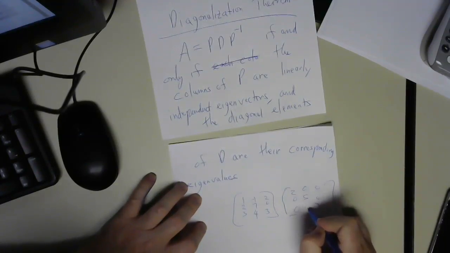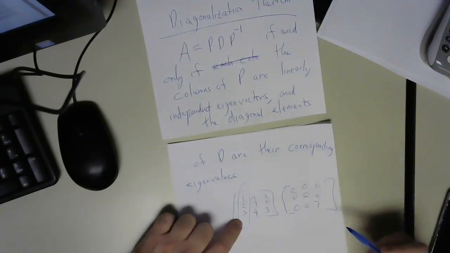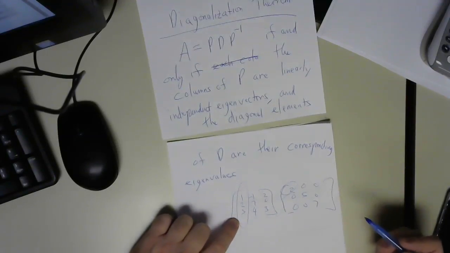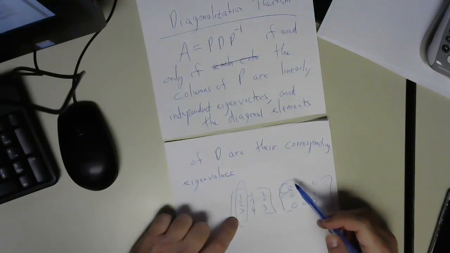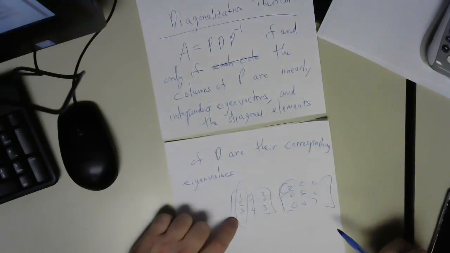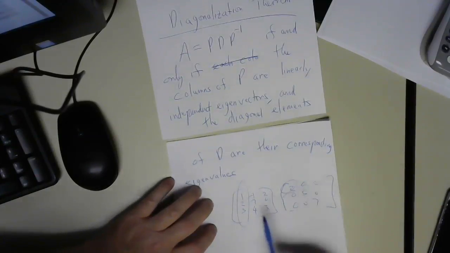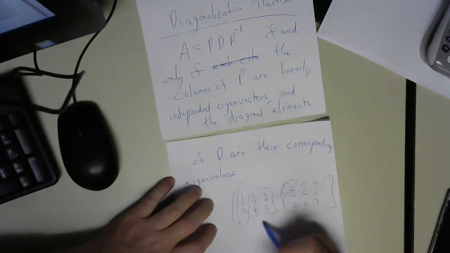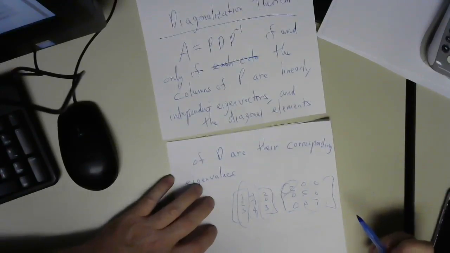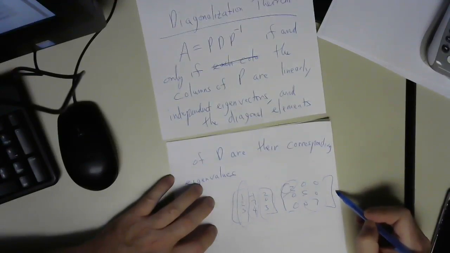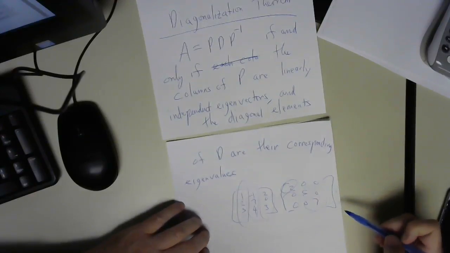It's a diagonal matrix. Well, the first eigenvector has to correspond to the first number in the diagonal of the matrix, so 2. So this would be the eigenvector for 2, this would be the eigenvector for 5, this would be the eigenvector for 7. So they have to correspond with each other. There's also a P inverse over here, but that's essentially the theorem.